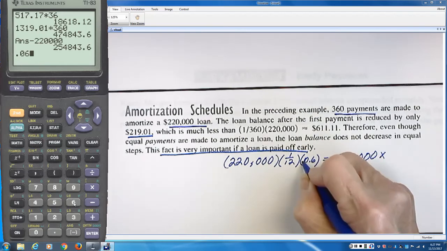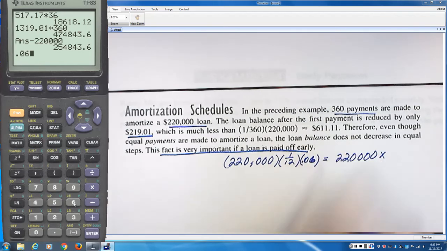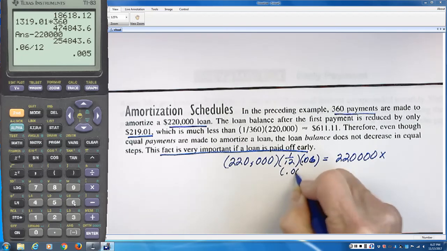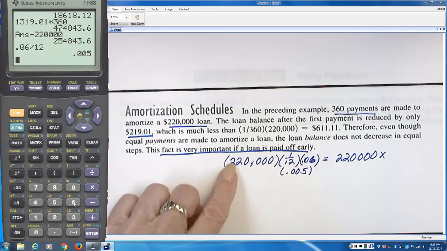Help if I got my decimal in the right place. Is 0.005 per month. But that's on the whole balance because you haven't paid anything on it yet.